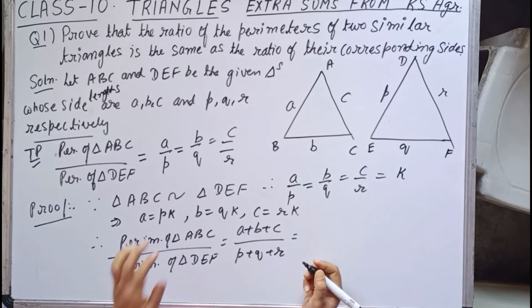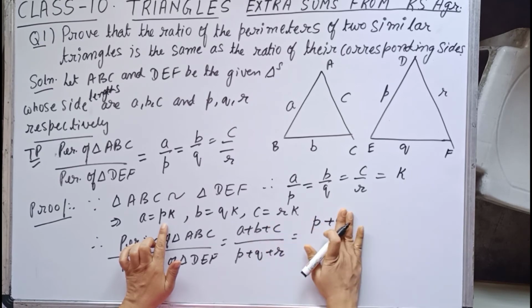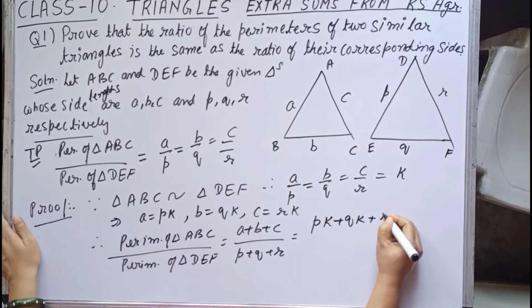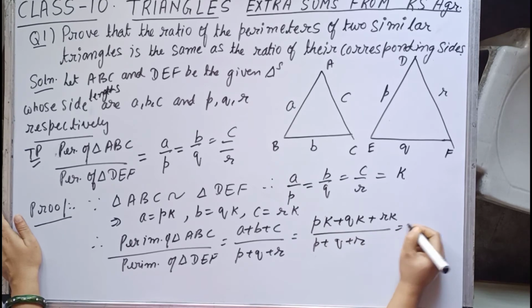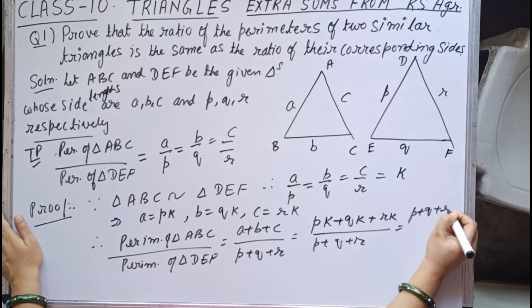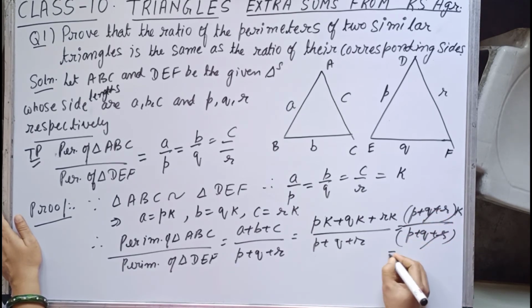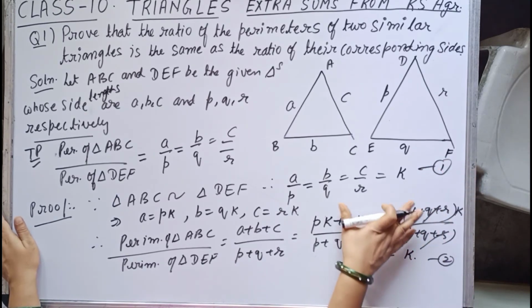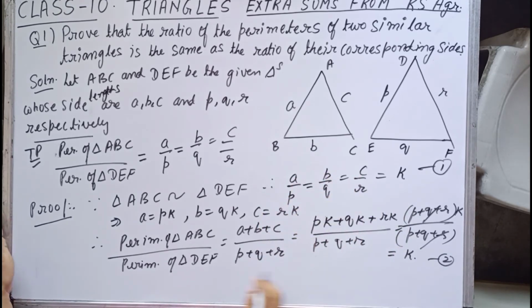Now a plus b plus c I can write as pk plus qk plus rk, divided by p plus q plus r, which equals k times p plus q plus r, divided by p plus q plus r. These two will be cancelled and we are getting this ratio as k. So we have got the result that the ratio of their sides is equal to the ratio of their perimeters.